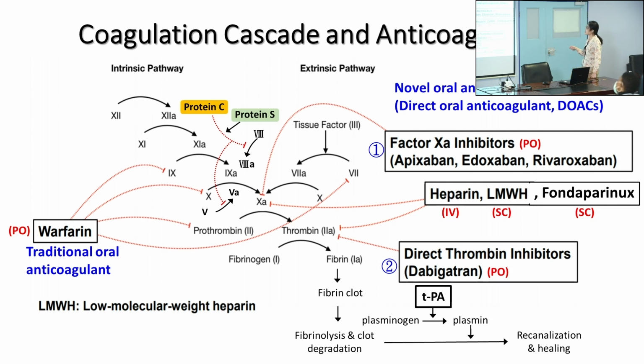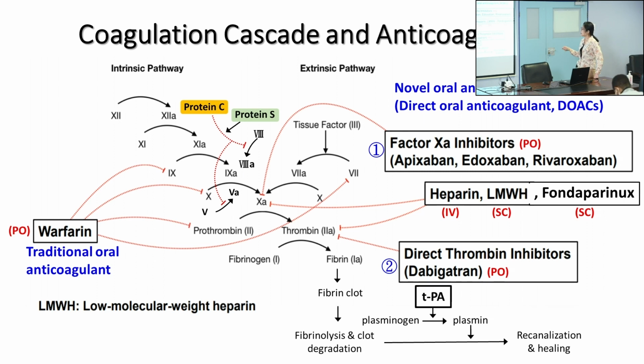For the extrinsic pathway, the activator is different. The activator is tissue factor, which does not naturally exist in the blood circulation under normal conditions. The tissue factor is released by damaged cells, for example during trauma. Tissue factor can activate factor 7, and then factor 7 will further activate factor 10.